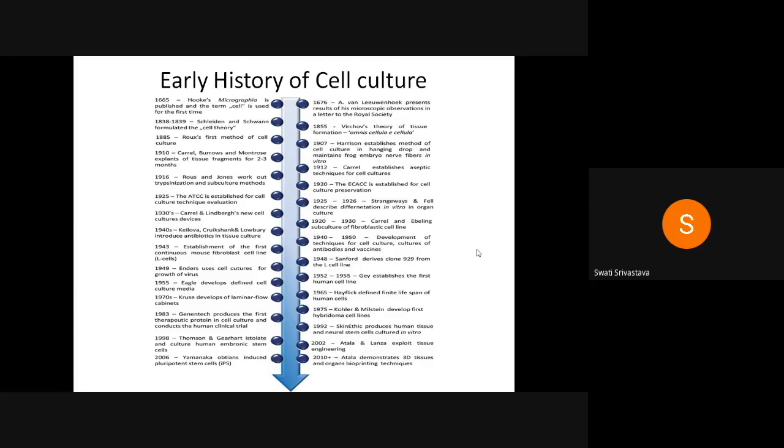Then in recent times, tissue engineering has been exploited in 2002, and then 3D tissues and organs have been developed by bioprinting techniques, that is beyond 2010, and so forth. New and new things are being developed with the help of culture techniques, and the system is still growing and evolving and gaining popularity in the present scenario of biomedical health purposes.